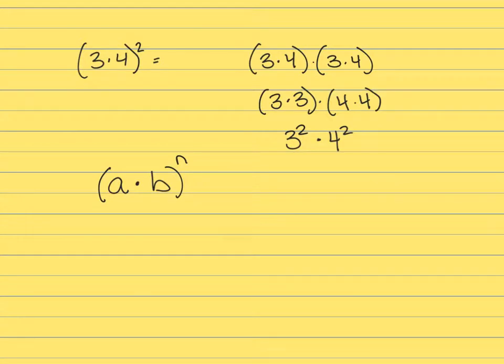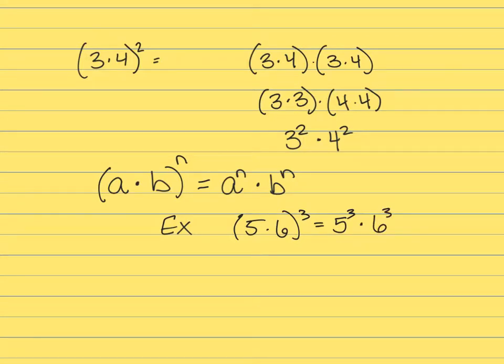So that rule states that this is the same as writing A to the n power times B to the n power. Basically, attaching the n power to both, and that will work. As an example, if I have 5 times 6 to the 3rd, I can rewrite that as 5 to the 3rd power times 6 to the 3rd power, and that's all that rule extends to us.